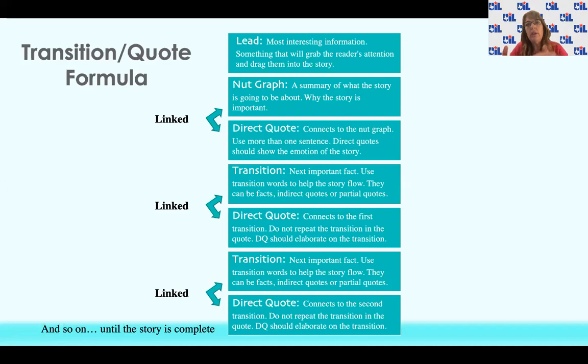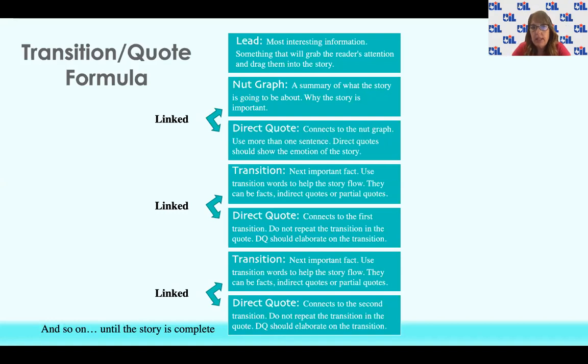In following our nut graph, we want to get a direct quote really high in the story. If we don't have one in the lead, we want to make sure that we've got one right after the nut graph. Now, we do have a very short direct quote in our lead, but we still want to keep a direct quote following the nut graph. And then we're going to go right into our transition, direct quote formula.